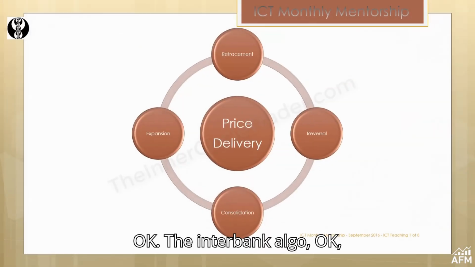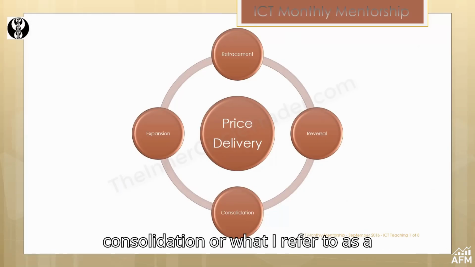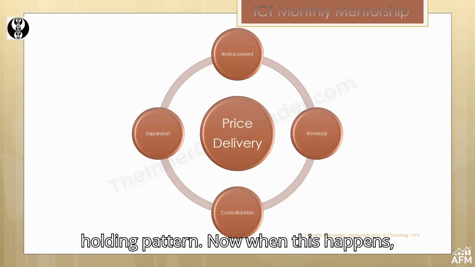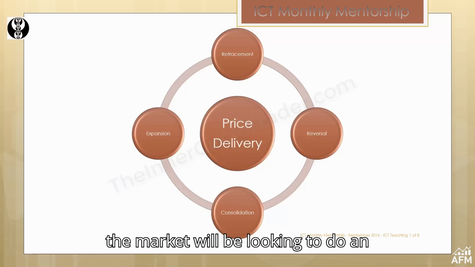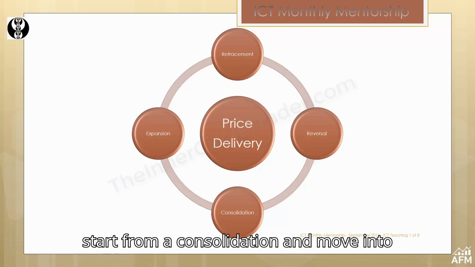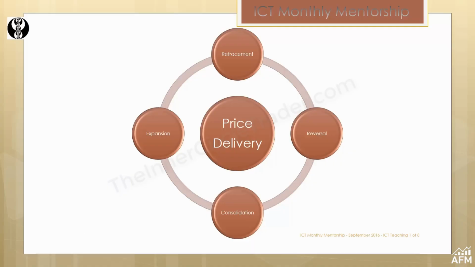Okay, the interbank algo. Obviously there's going to be times when the market goes sideways or it's in a consolidation, or what I refer to as a holding pattern. Now when this happens, the market will be looking to do an expansion. All markets start from a consolidation and move into an expansion. That means there's an impulse move or an impulse price swing.